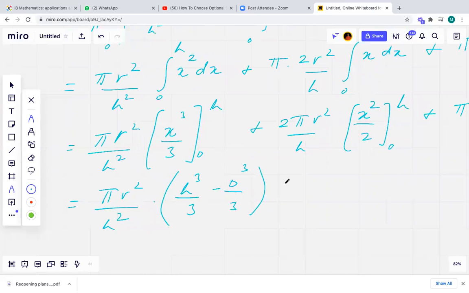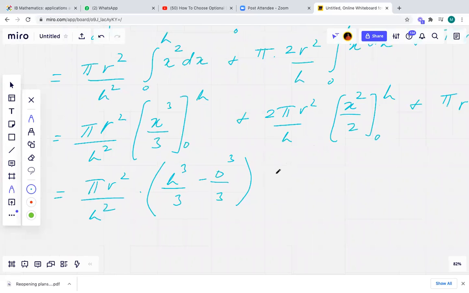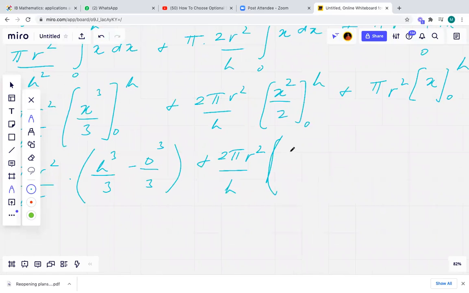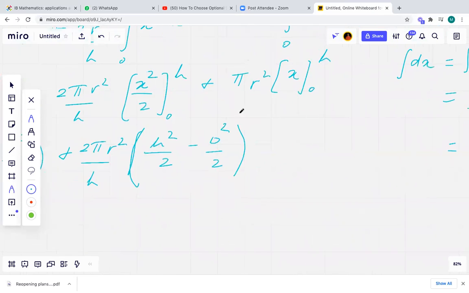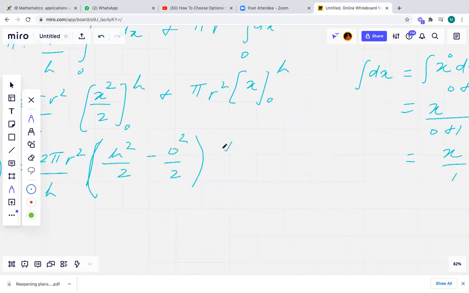Now 2 pi r square upon h. This becomes h square upon 2 minus 0 square upon 2, plus pi r square. This becomes h to the power 0.